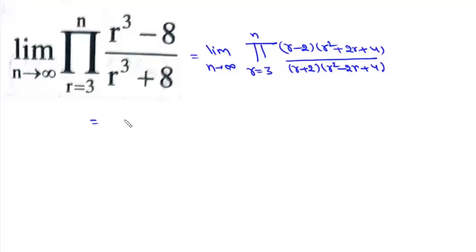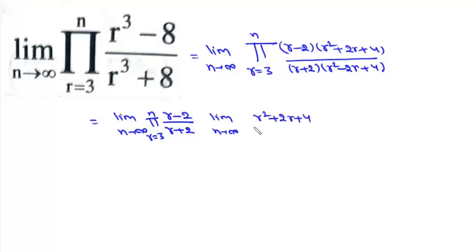Now we'll separate it into two products. So it will be the limit n tends to infinite of r minus 2 upon r plus 2, this product where r varies from 3 to n, and then the limit n tends to infinite of r square plus 2r plus 4 upon r square minus 2r plus 4.